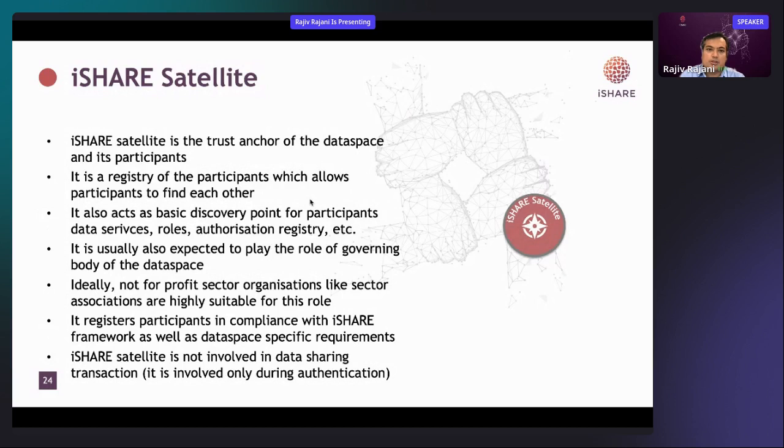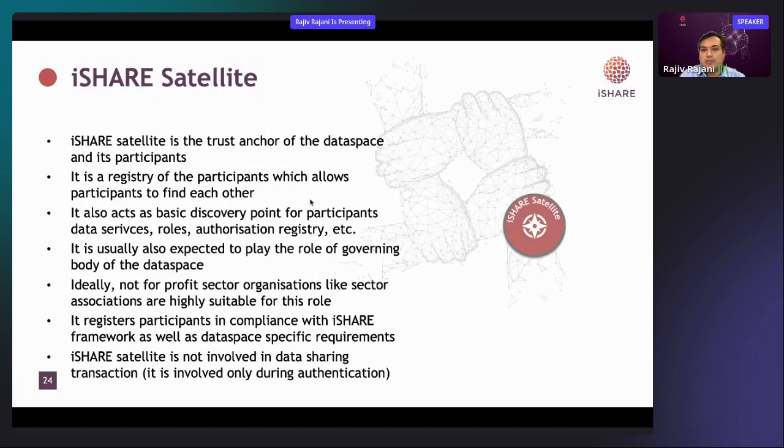They need to meet certain requirements in order to be registered in the satellite. First of all, they need to determine what role they play within this role model. They need to implement the specifications for the role which they are playing. They need to buy an eIDAS certificate, and then they can register at the satellite. So there is an onboarding process they need to go through.